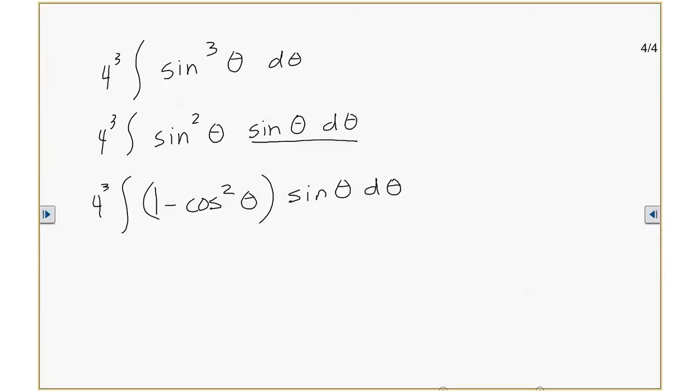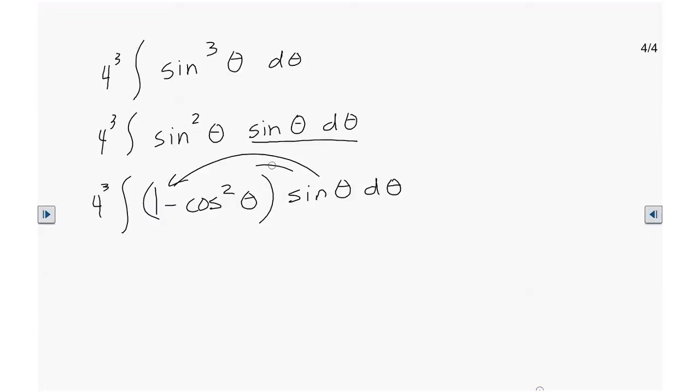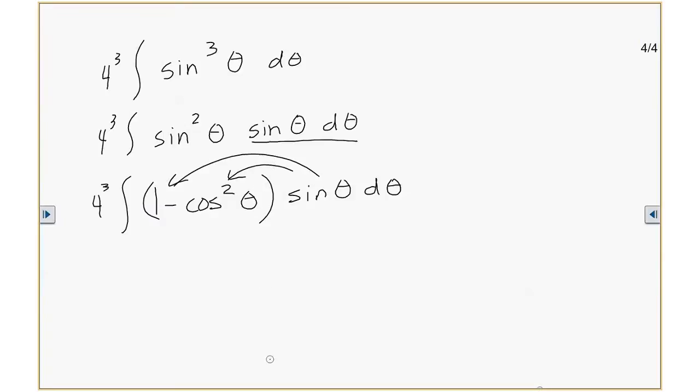And what did I teach you to do in the last week's section? And after you do that, what do you do with this guy? Distribute.